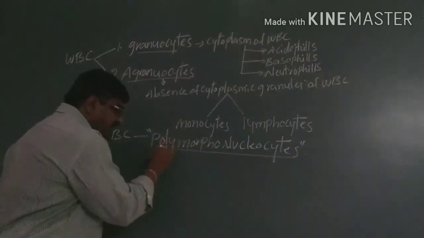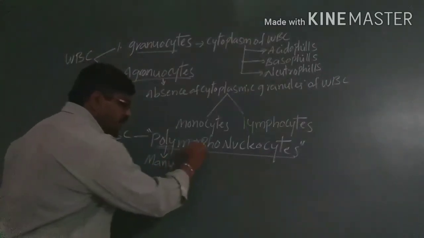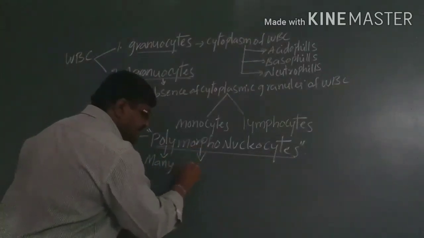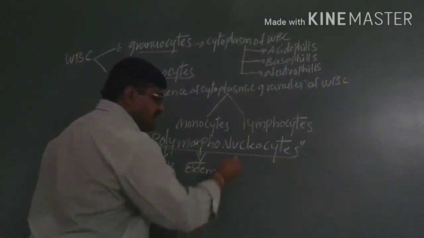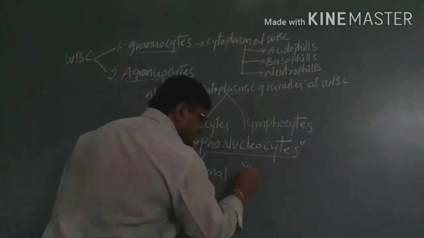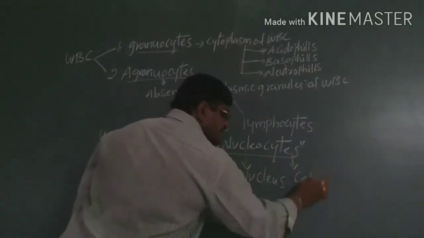Poly means many, morpho means external, nucleo means nucleus, and cytes means the cells.